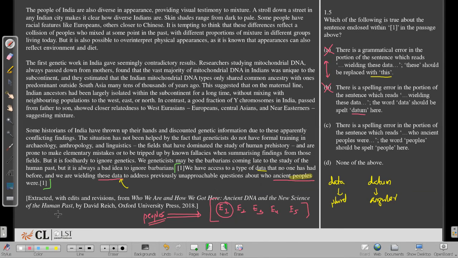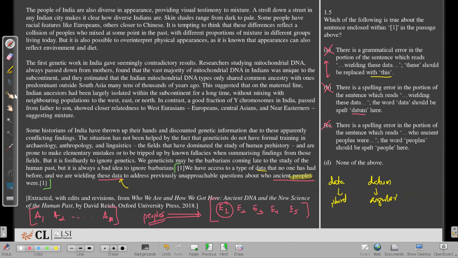So in this case, ancient people group one, two, three: different types of ancient people is what is being discussed. Therefore "ancient peoples" is allowed. There is no problem here, and therefore this is incorrect.